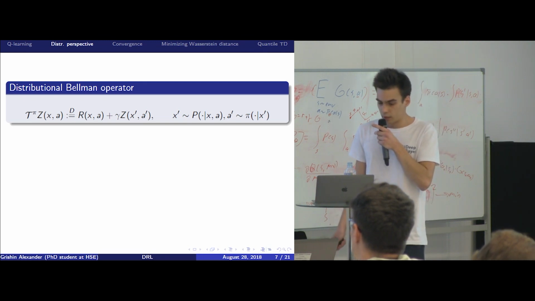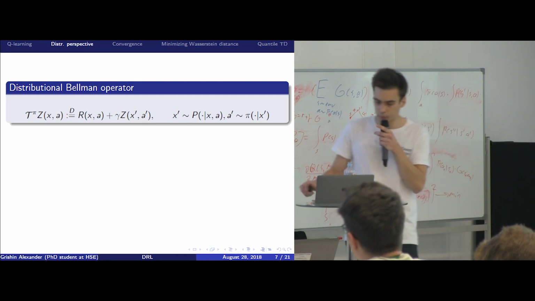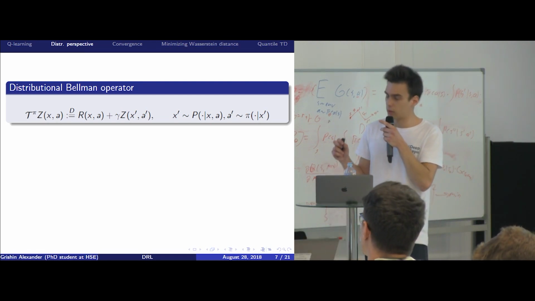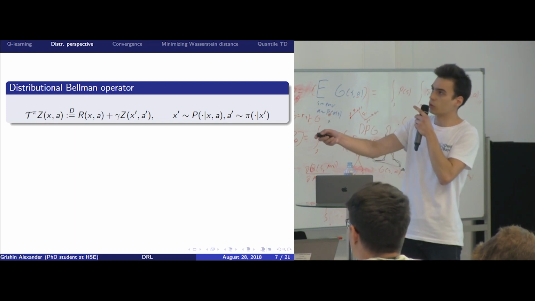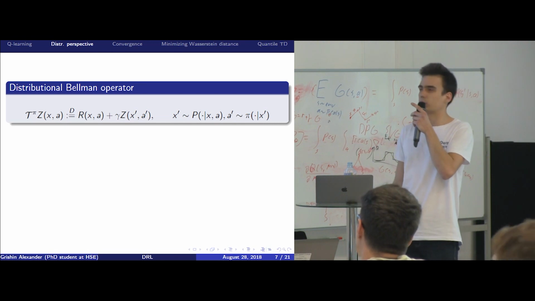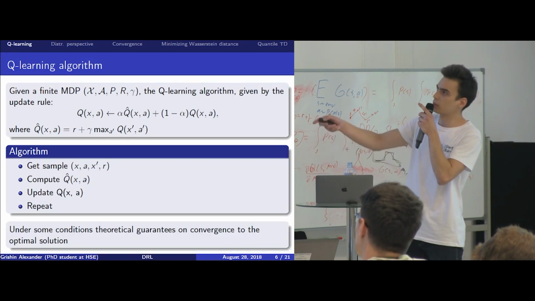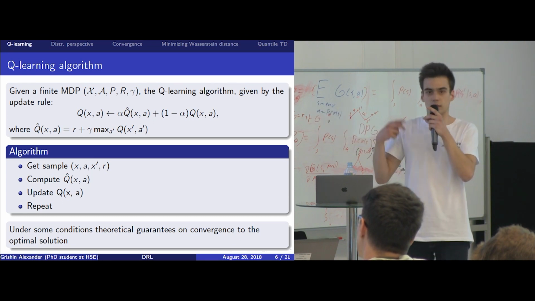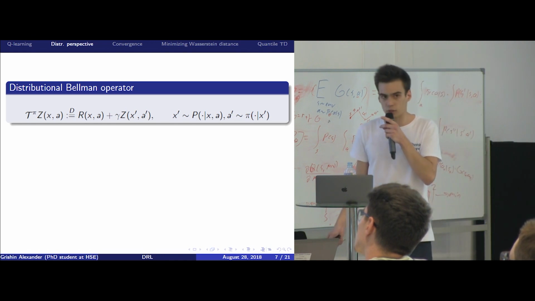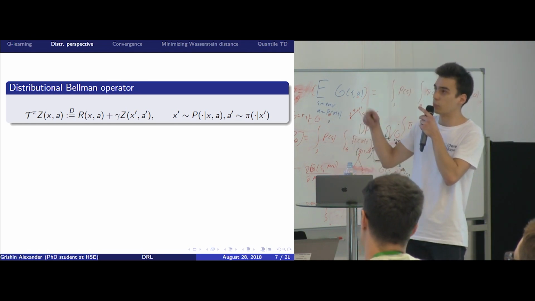Okay, then let's turn to distributional RL. In distributional RL, the distribution over returns plays a central role. I remind you that on the previous slide we used Q, which is just the mean of the value distribution Z, and all the equations were about the means of the distribution.